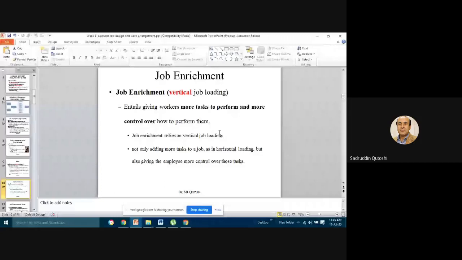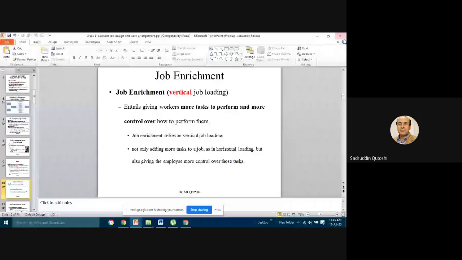So if you give more control to these jobs, job enrichment can make better sense for organizational life.